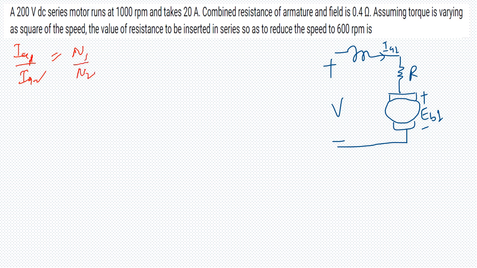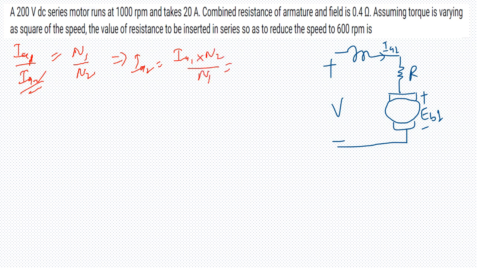Now the only unknown here is IA2, the current that will flow after inserting the resistance. IA2 equals IA1 into n2 over n1.